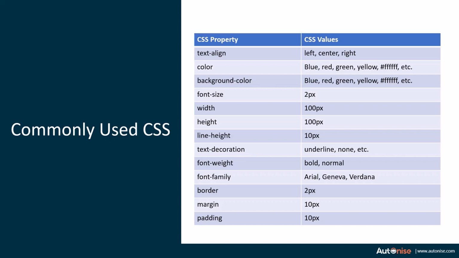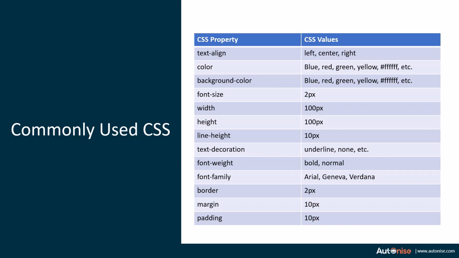You don't need to remember all of these properties and values, as any good text editor would give you all the suggestions. So the first one is text align, which is used to center text as well as images inside your container. So a container can be another element inside which you have your text or your image.